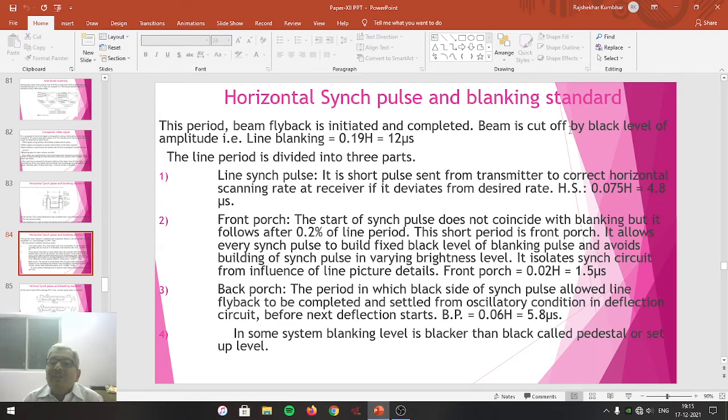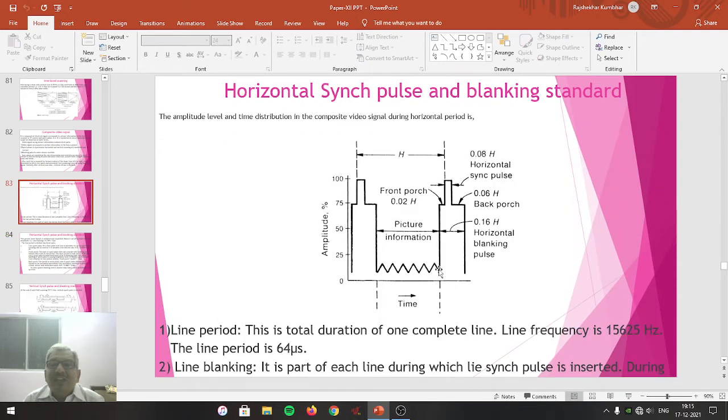The beam is cut off by a black level of the amplitude. Line blanking is 0.19 or 0.18 times the horizontal line. That comes to be 12 microseconds. So this is the line blanking, and that is of 12 microseconds.